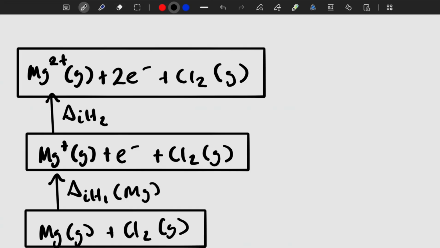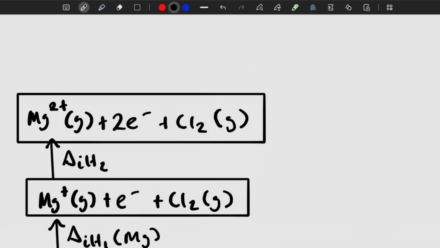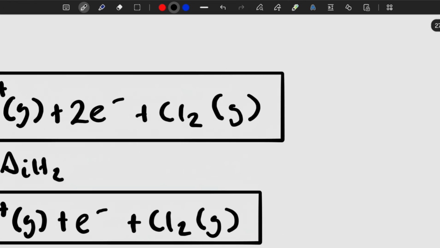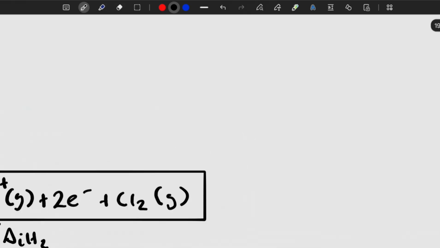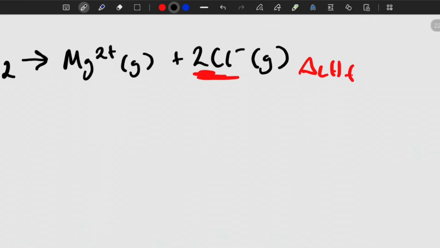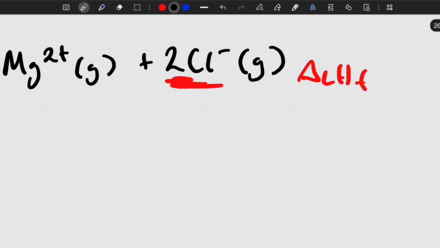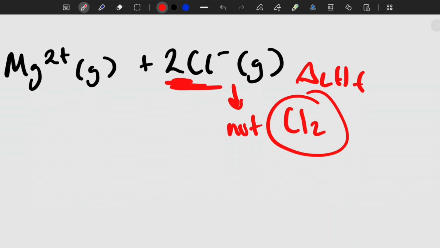Okay, perfect. So now we need chlorine in its ionic state. So how are we going to do that? Well, we just need 1 chlorine, because as you can see in this equation, chlorine is not Cl2 in the ionic form.